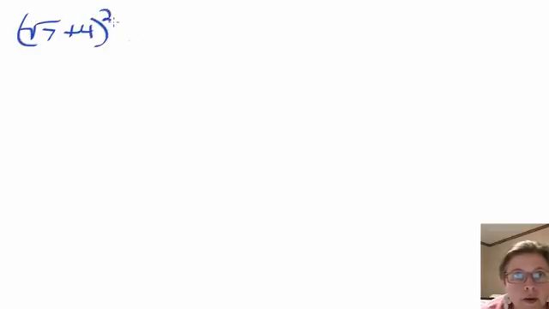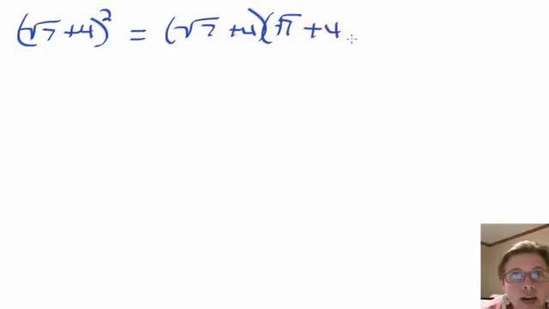Okay, what if it's given like this? Okay, since this is squared, remember, you have to take everything, oops, square root of 7. You have to rewrite it like this and then do FOIL still.